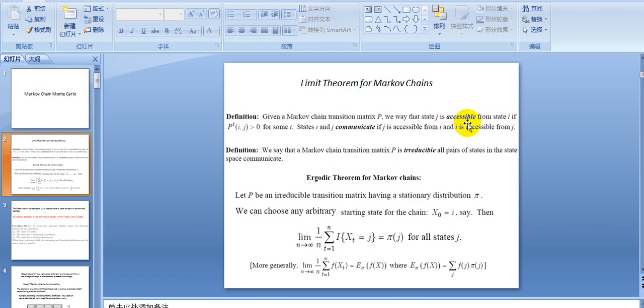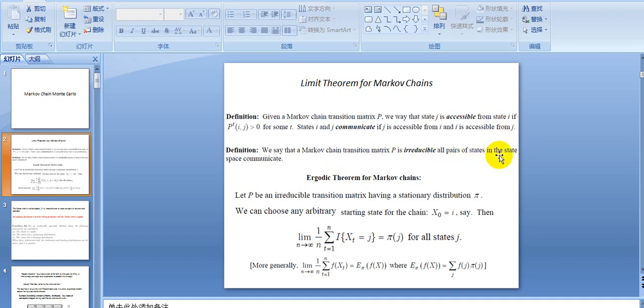So basically, accessible just means that within finite time, starting from i you can go to j.